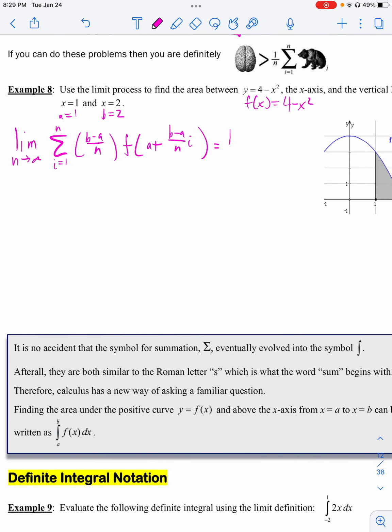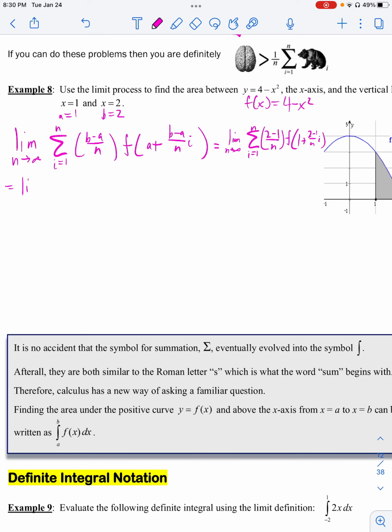Let's start plugging stuff in. This is the limit as n goes to infinity of the sum from i equals 1 to n of (2 minus 1) over n times f of 1 plus (2 minus 1) over n times i.